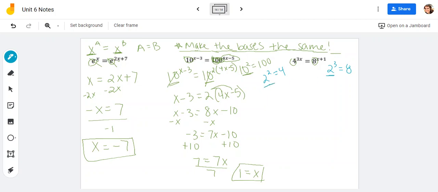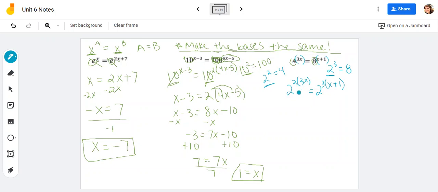So I'm going to take these pieces to rewrite. I'm rewriting 4 as 2 squared and bringing the 3x down in parentheses equals this 8 becoming 2 cubed and bringing down that x plus 1 in parentheses.